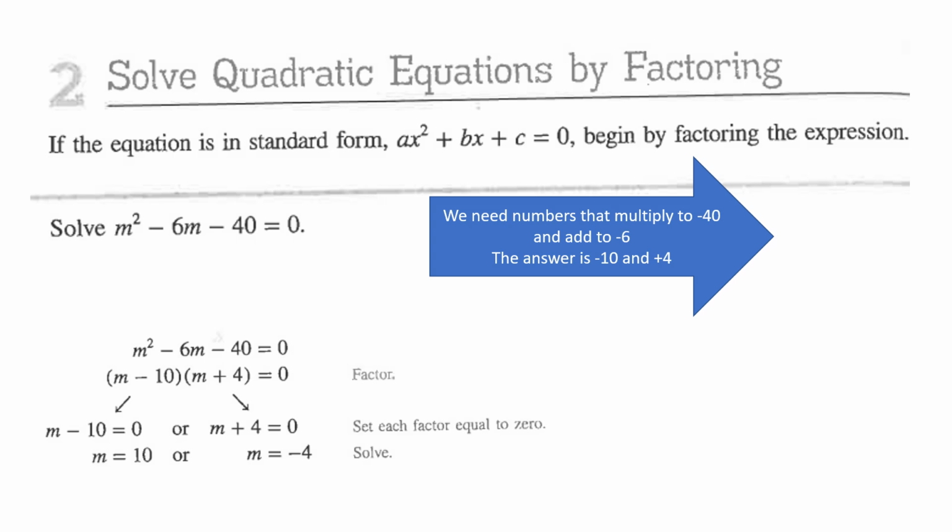So by the zero product property, we can say that m minus 10 is equal to 0, or m plus 4 is equal to 0. Again, we're setting each factor equal to 0. So m is equal to 10, or m is equal to minus 4.